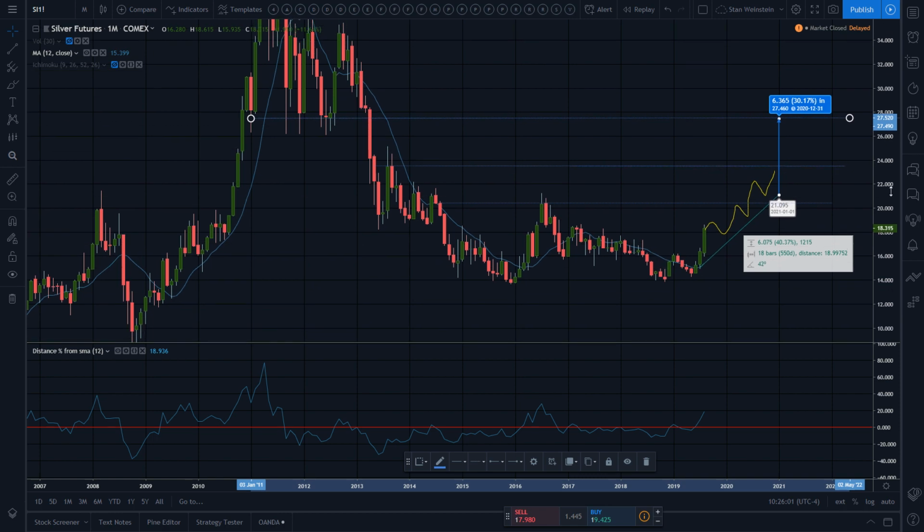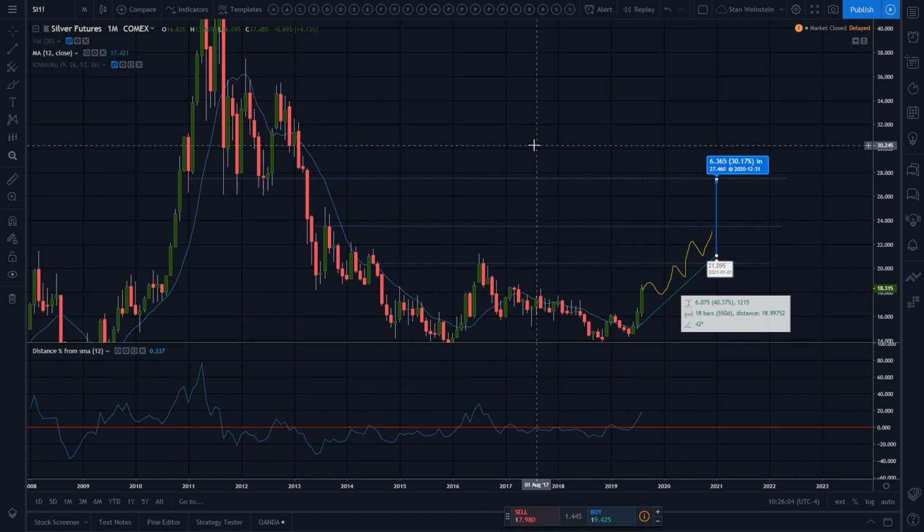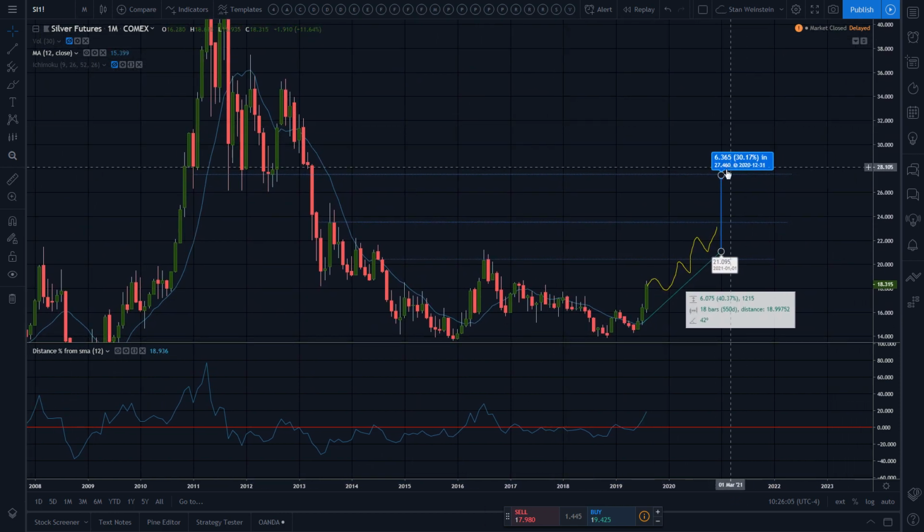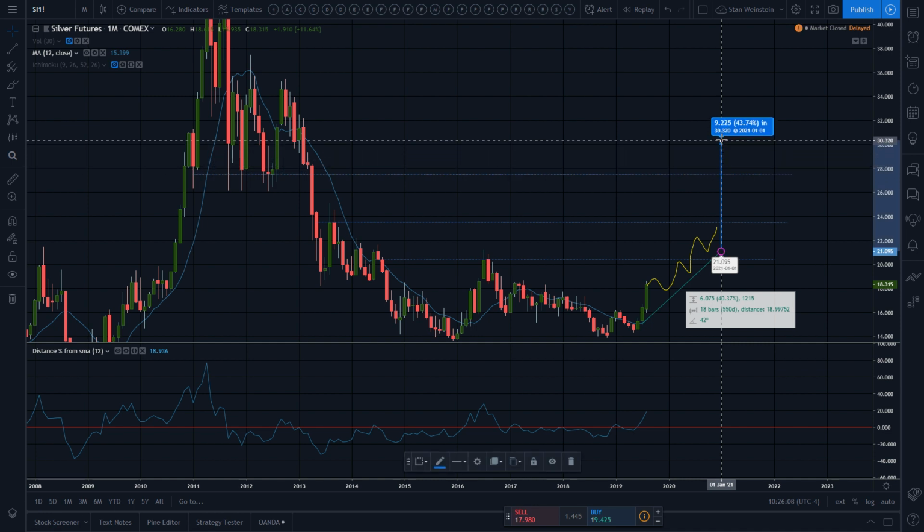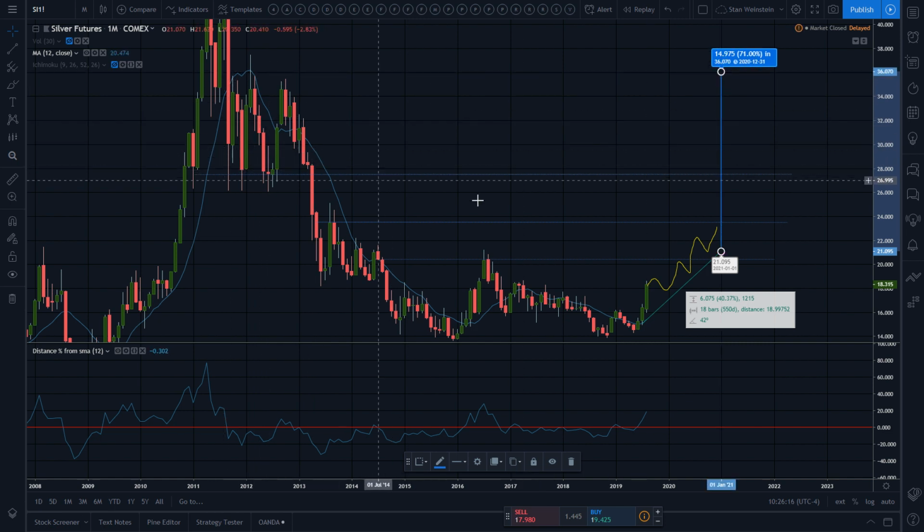And if it really goes parabolic, then to double from here, 18 to 36, you have to go through all that. The angle of ascent has to increase. If we keep the same angle of ascent, we'll be 71% away from that 12-month moving average, but the angle of ascent won't stay the same.